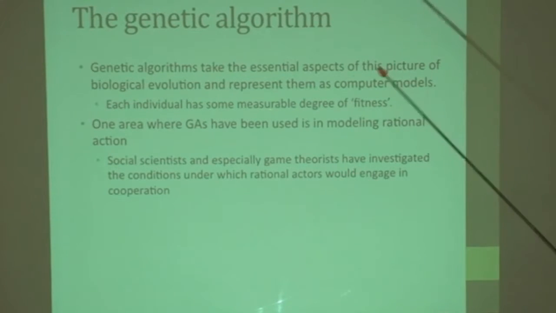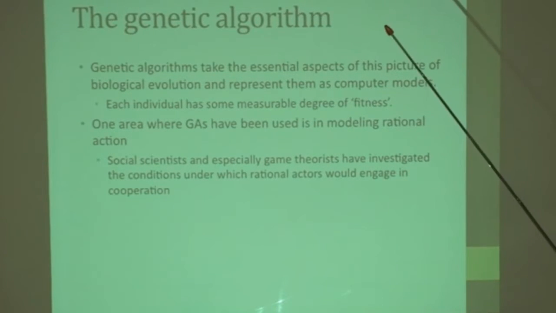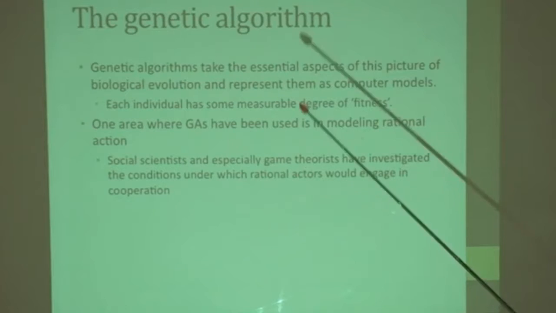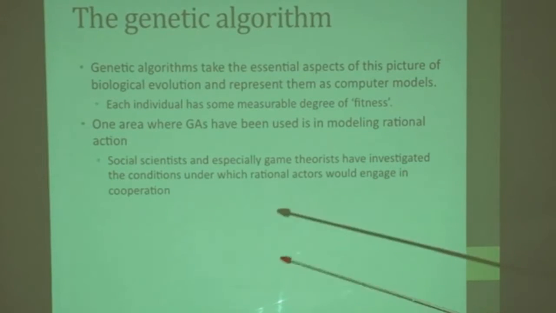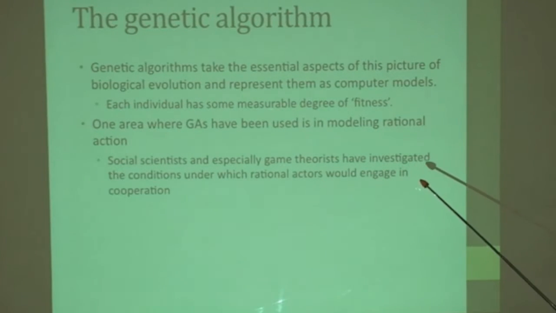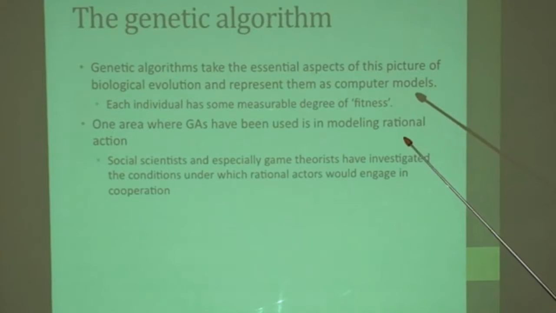About the genetic algorithm. Genetic algorithms take the essential aspects of this picture of biological evolution and represent them as computer models. Each individual has some measurable degree of fitness.